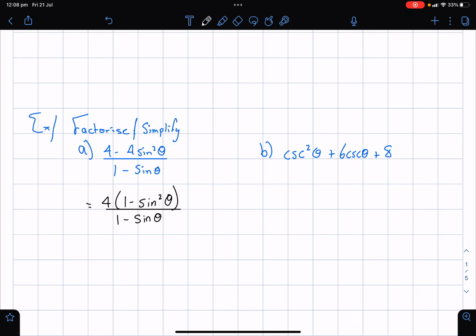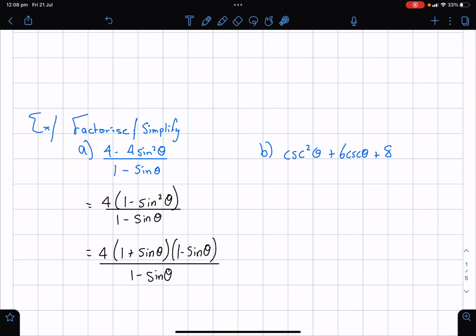Now, thinking back to quadratics, I know the difference of 2 squares can be simplified into a plus b and a minus b. Sorry, I'm getting a bit confused. Okay, so if I re-expand that out, I'm actually just going to get back to this result here, all over 1 take sine theta.